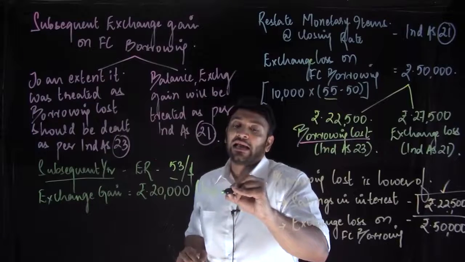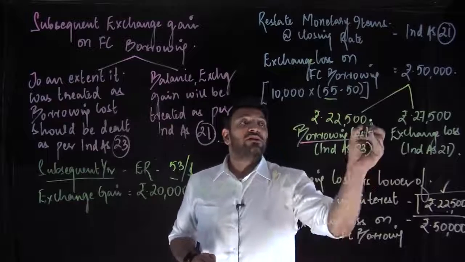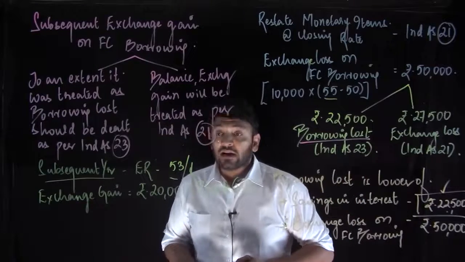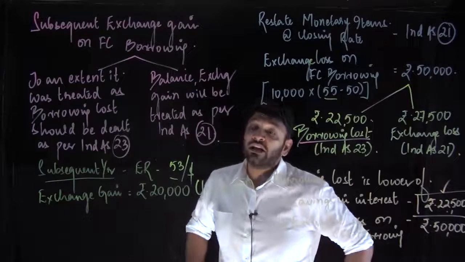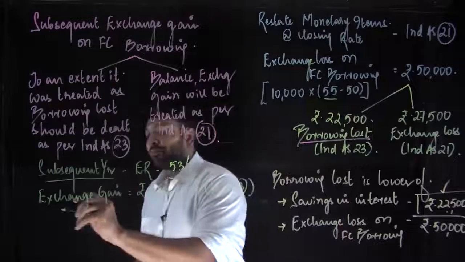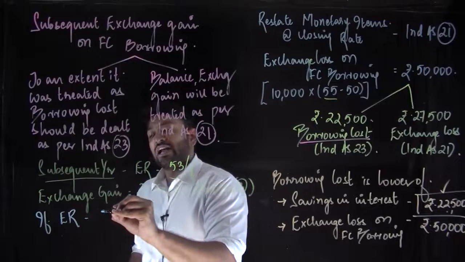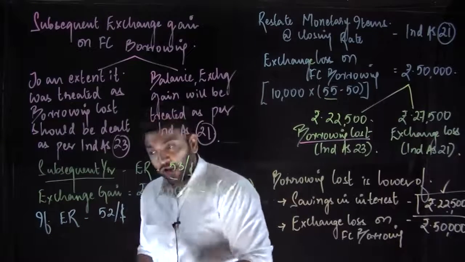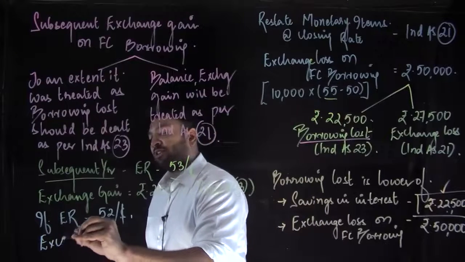So here the entire amount should be dealt only as per Ind AS 23 because it has not exceeded this amount of 22,500. That is why we are saying that though it is an exchange gain, I will still continue to treat it as per Ind AS 23 itself. However, if the exchange rate falls even further to 52 rupees per dollar, then in such case, identify the exchange gain then.